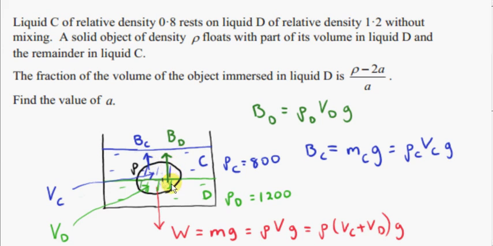To sum up, we have used Archimedes' principle on both parts of this object. The buoyancy force in each part of the object is the weight of liquid displaced by the object. And to get the weight of the liquid displaced, we need the mass of the liquid displaced, and the mass is the density of the liquid displaced times the volume of the liquid displaced.